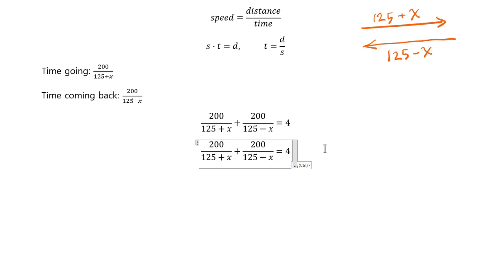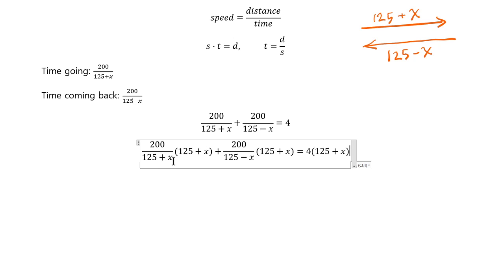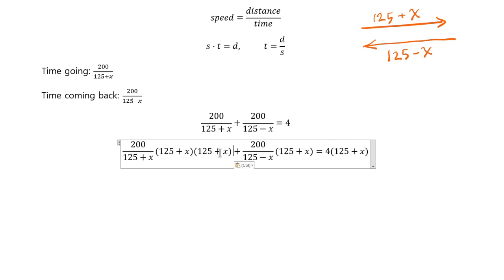I want to multiply 125 plus x to every one of these terms, because if I do that, then this and this will cancel away, and I'll not see any of this denominator anymore. Okay, so the basic mantra is that we hate fractions. So if we can get rid of the fractions, we'll get rid of them.